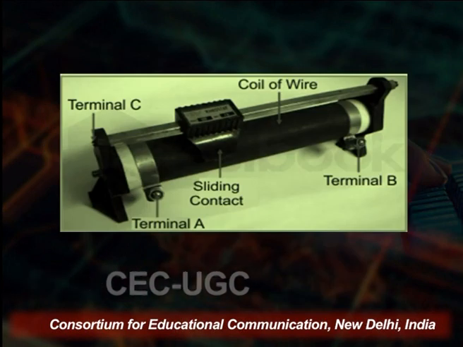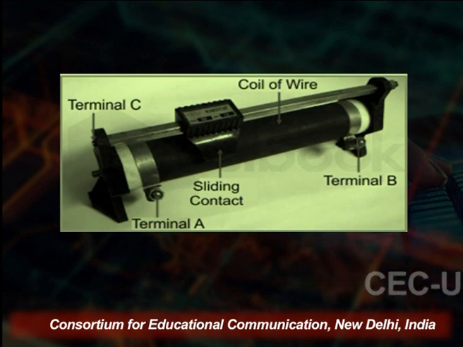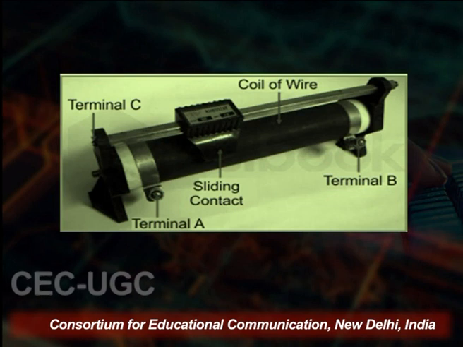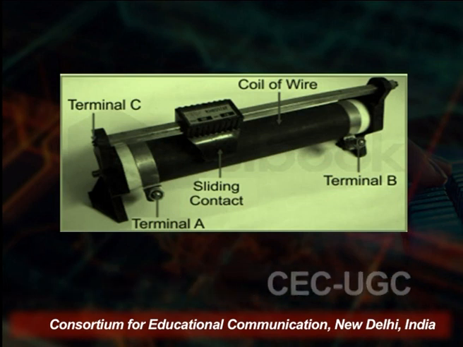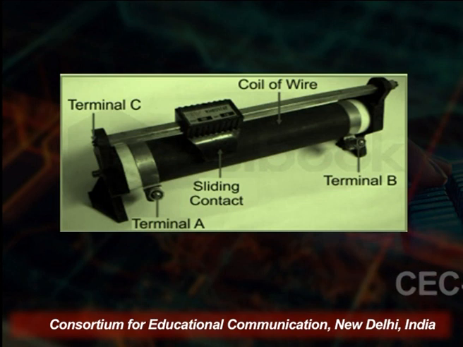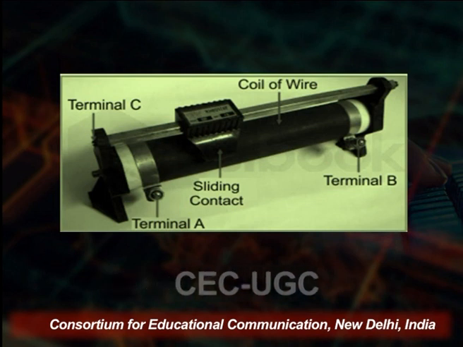Now you see, generally you have seen in your laboratories that this type of rheostat is used when we perform many experiments, like to know the unknown resistance, the high resistance, the low resistance. In the Wheatstone bridge, we use this type of rheostat in the laboratory.